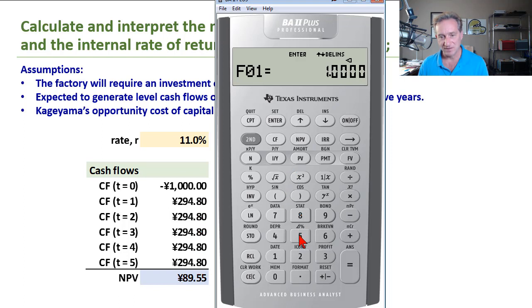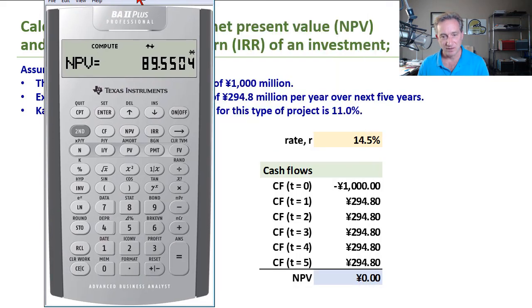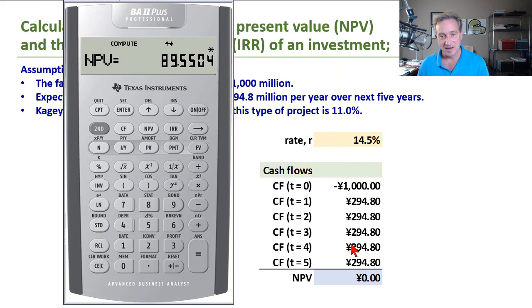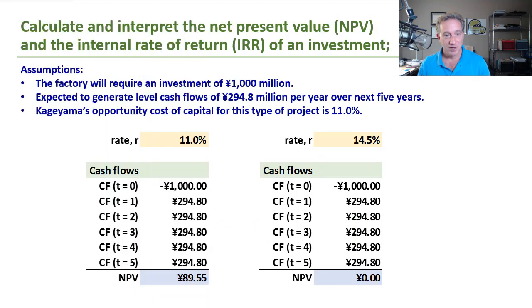So I hit the 5, enter. I like to look at the triangle, make sure I got it in. And so I'm actually done with the series of cash flows. And then I can go to my NPV, and the calculator is waiting for my discount rate. It's 11%, enter, down arrow. I'm ready to compute. 89.55, and then I go over here, my cash flows are already in, so I can just go right to IRR, compute, 14.5%, and it works. Okay, so that's net present value and internal rate of return.